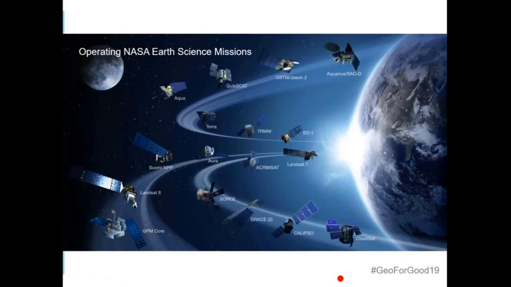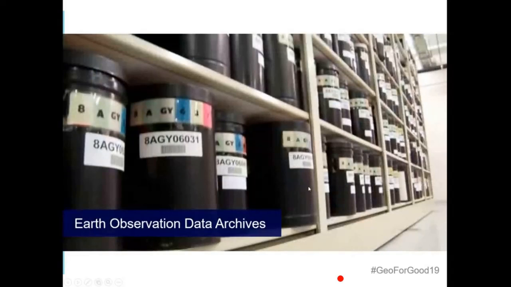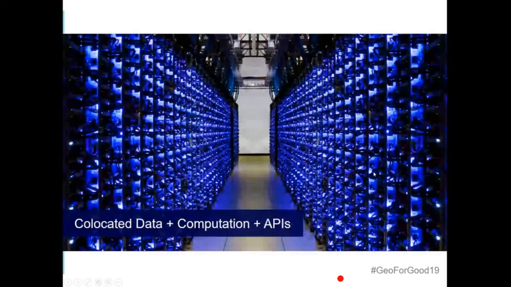And this is not all, this is just to show you some satellites, but there are many more data sets available. There are Earth Observation Data Archives, which are our main interest. When we log into Google Earth Engine and do some computation, the computation actually happens in one of the nodes in Google's cloud infrastructure. That is the beauty.